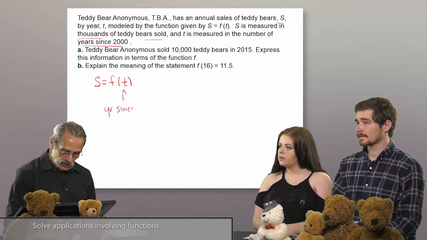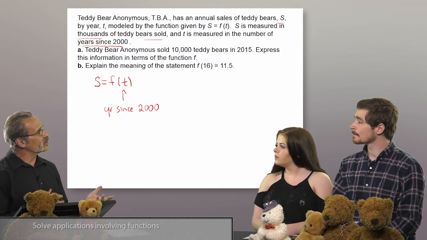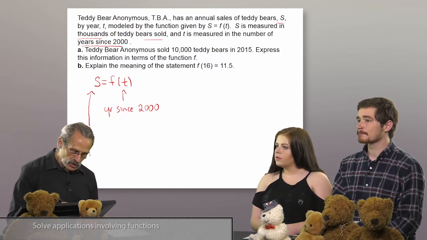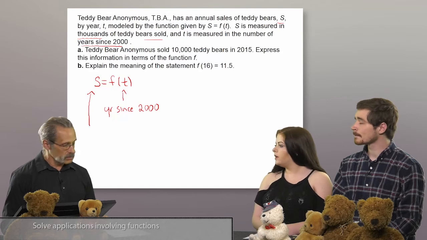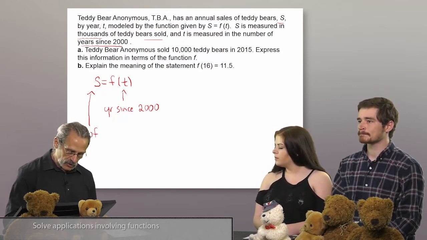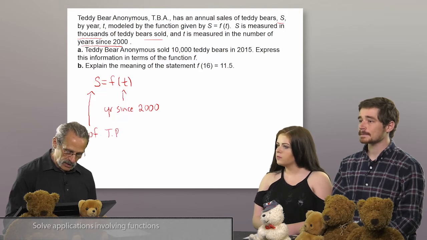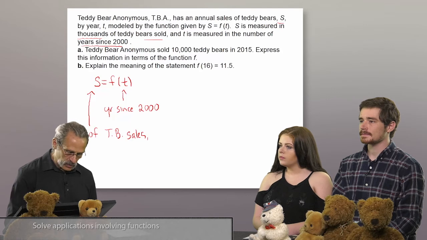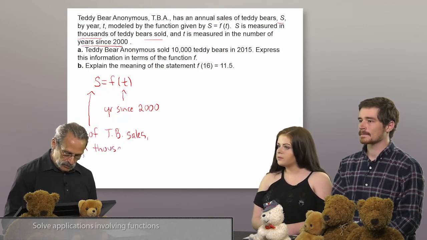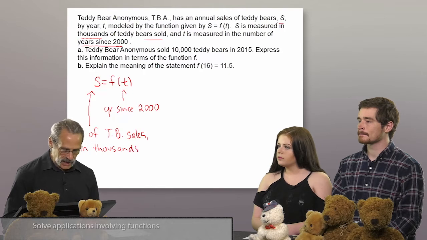Now the output is S. And S is going to be the number of teddy bear sales, I'll write TB for teddy bear, in thousands. In thousands, very good. All right, let's look at part A.